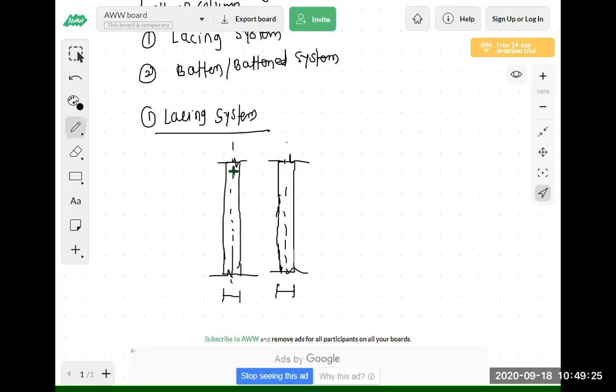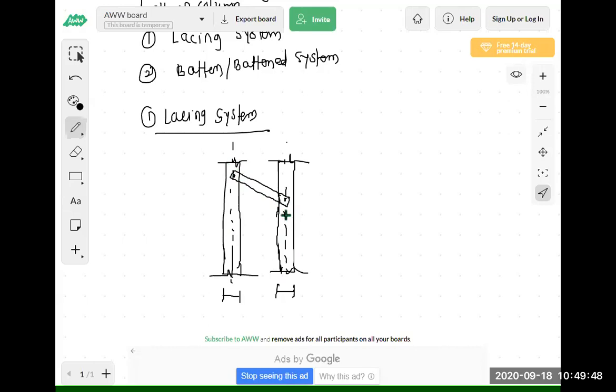So keeping in position these two I sections, we have connected this flat, lacing flat.